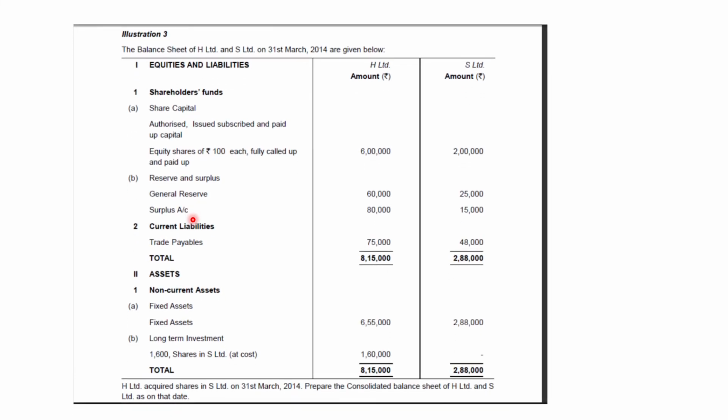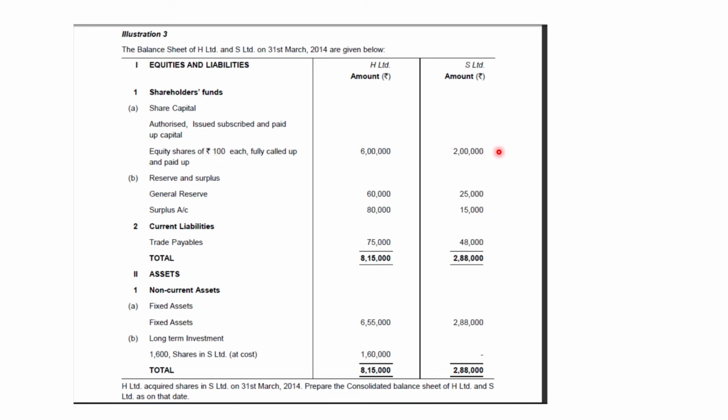Now there is an example on your screen. Here are the balance sheets of holding company and subsidiary company. You can see in the asset side of the holding company that 1600 shares are held, which are purchased at cost, which is the cost of acquisition. 1600 shares are held in the subsidiary company, and the subsidiary company has total number of shares of 2000, that is 2 lakh divided by 100.